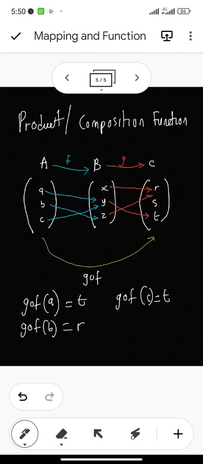So this is the function of a composition function or a product function. It just combines two functions together and you work with it. Or another way of representing this, another way of writing G of F, you can write it this way. You can write G of F of X. But let's not get into that.